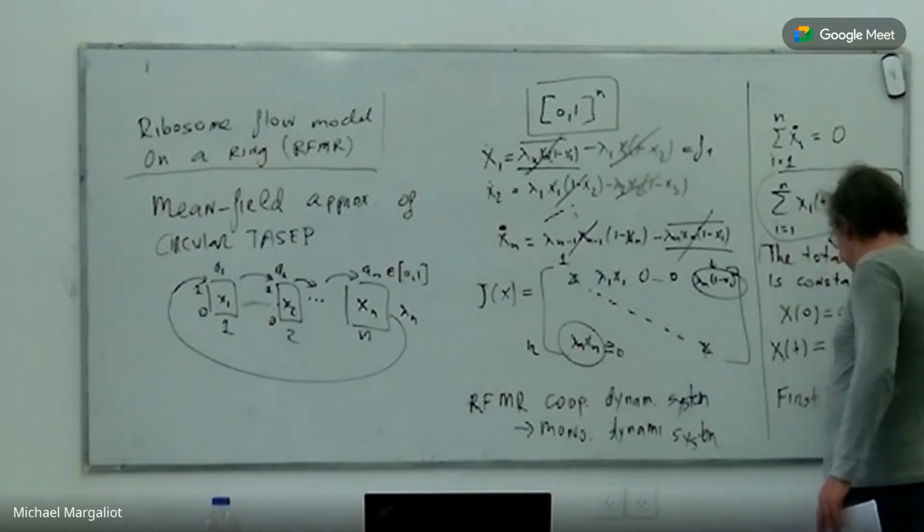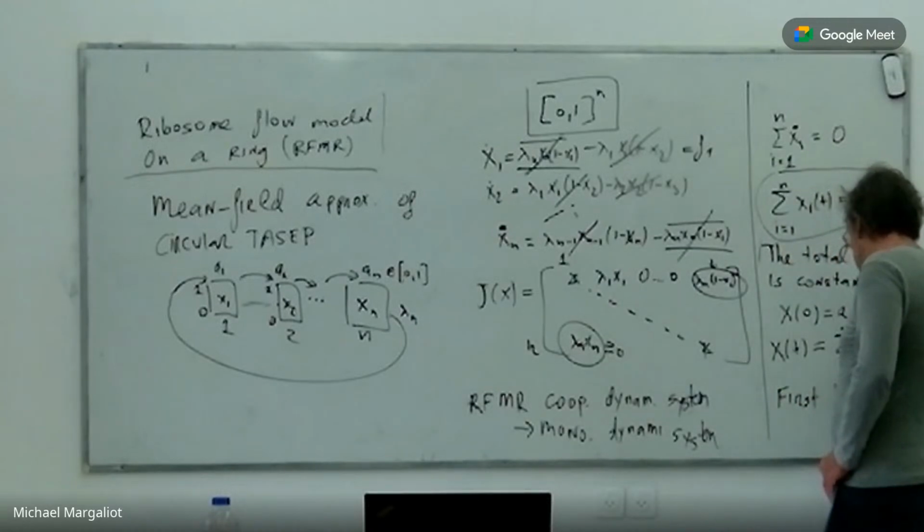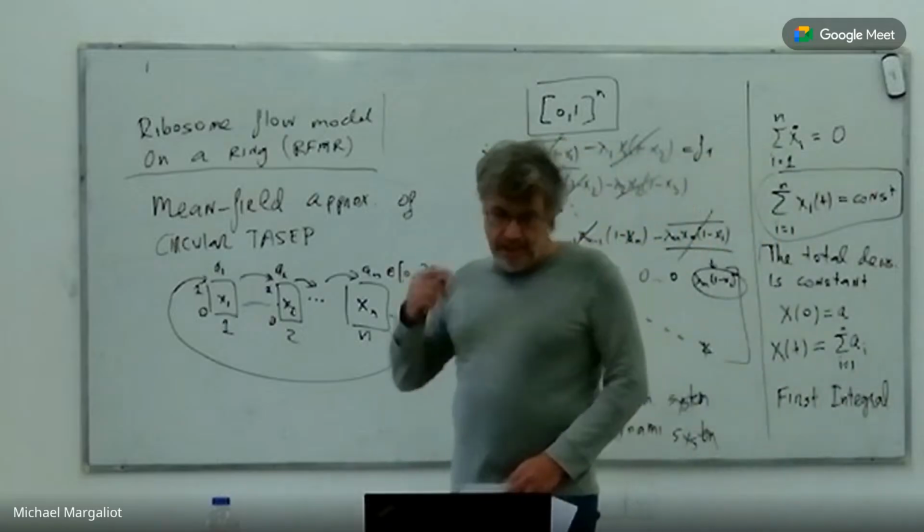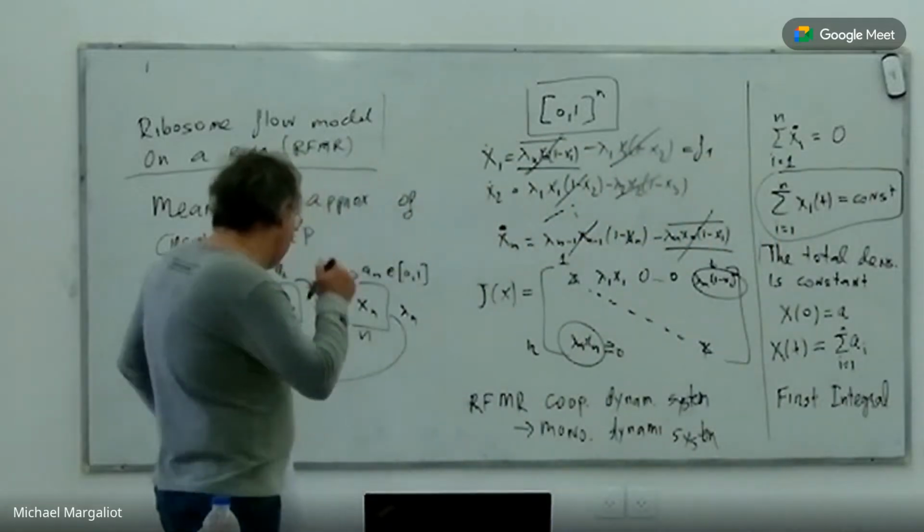I think in some fields of mathematics or maybe physics, this means that we have a first integral. The dynamics has a first integral. This is like a pendulum, for example.